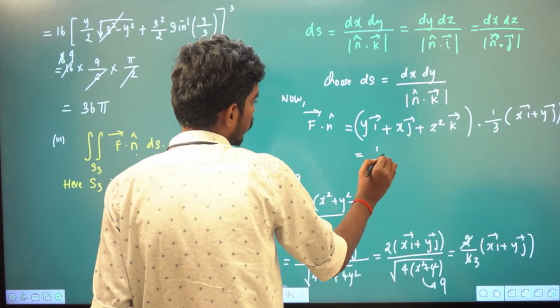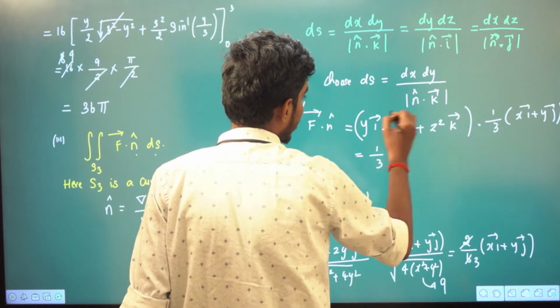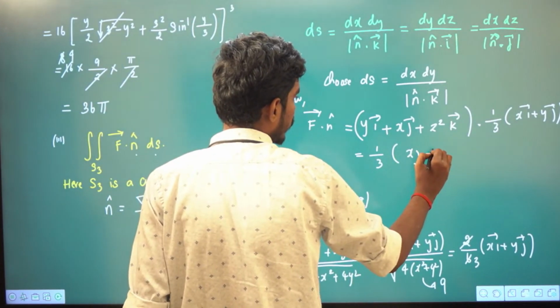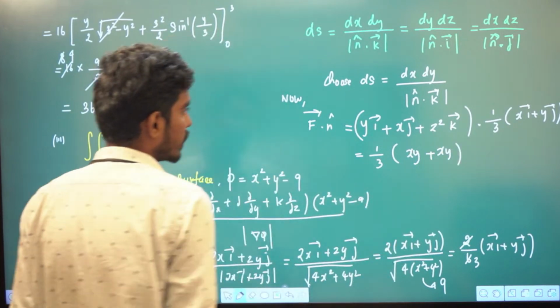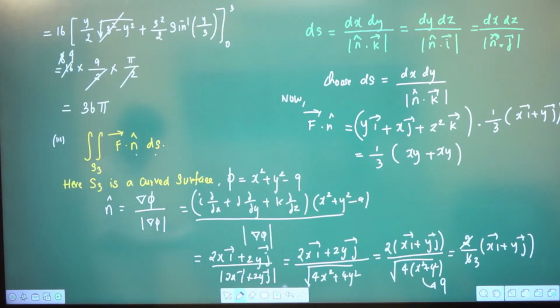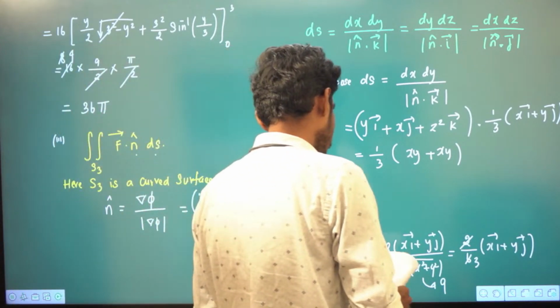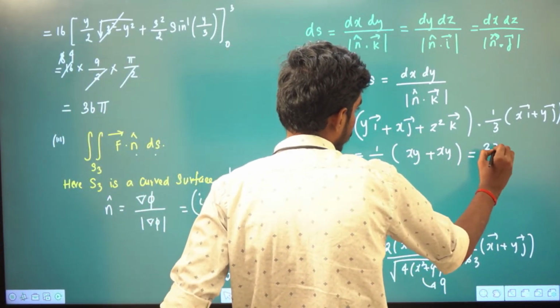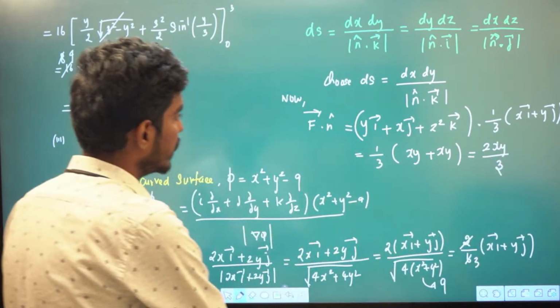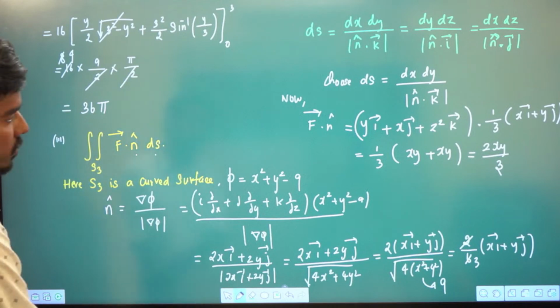So make a dot product, just multiply corresponding components. That's it. So xy plus xy by 3, so it will be 2xy by 3. Yes, 2xy by 3 is your f vector dot n cap.